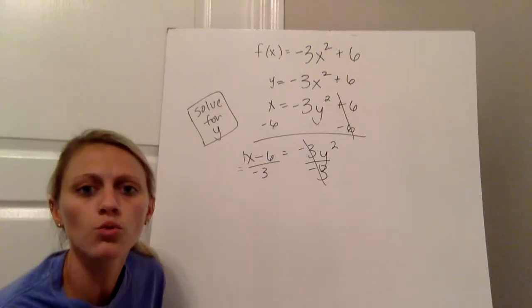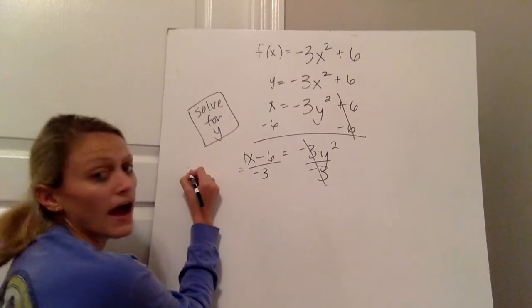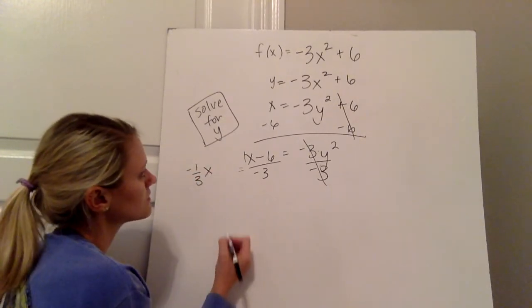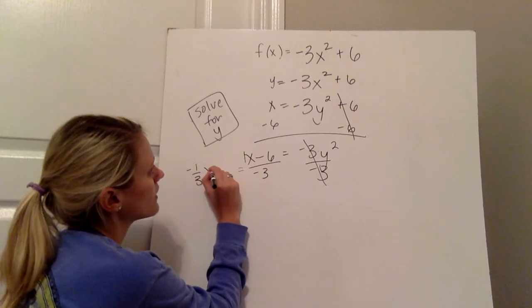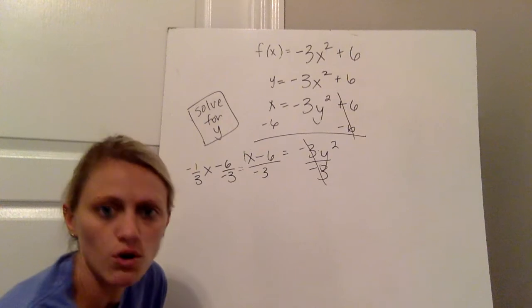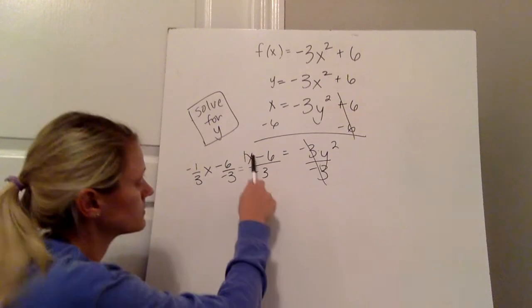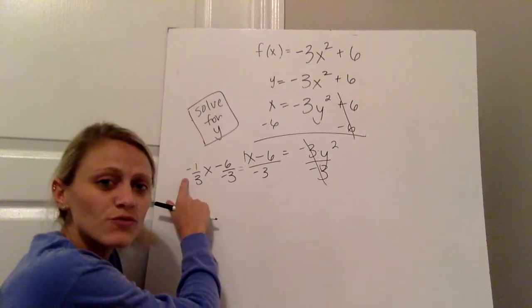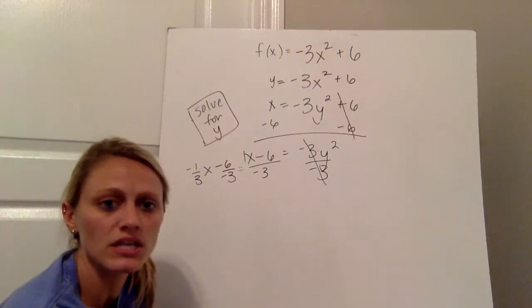I know I could put a 1 in front of that x, so I could have a negative 1/3 x, and then minus 6 over a negative 3. Both things on the top are being divided by a negative 3. Negative 1/3 is as simple as it's going to go, so we're going to leave it like that.